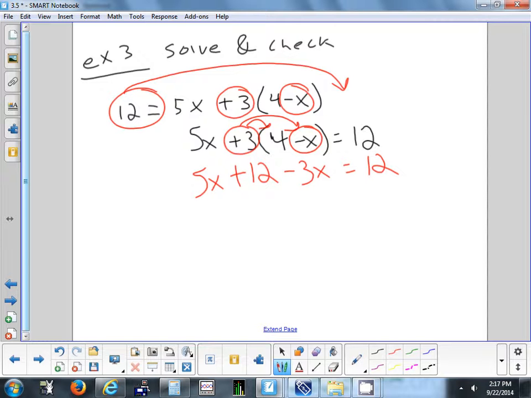What are my like terms, Matt? 5x and negative 3x. Nice, I like how you said negative 3. What would you get, Matt? Just subtracting, 5 minus 3. So 2x. Everything else comes down, plus 2x equals 12. All right?